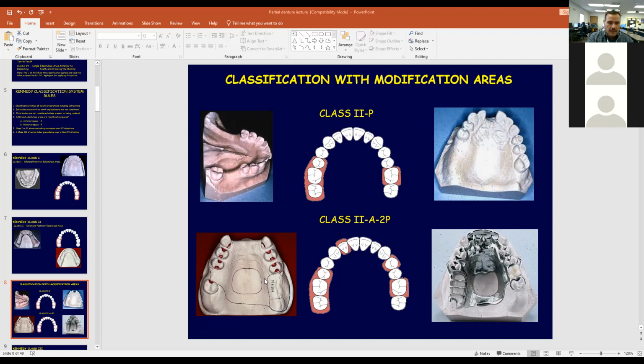We think about keeping the denture in the mouth, so we need a clasp and reciprocal arm. We need to keep the denture supported away from the tissue, so we need the rests. These red things are rests. All these are rests to prevent the partial denture from going downward and pushing on the tissue.